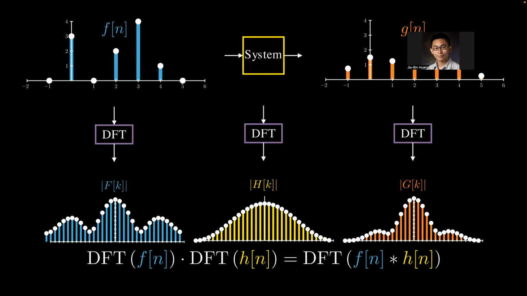Another aspect is that sometimes if your kernel is large, applying this operation in the spatial domain is slower. And because they are equivalent, instead of doing it in the spatial domain, what you could do is take an image or any signal, first convert that into the frequency domain, convert your filter into the frequency domain, multiply them together, and then do the inverse transform, and this will be faster.